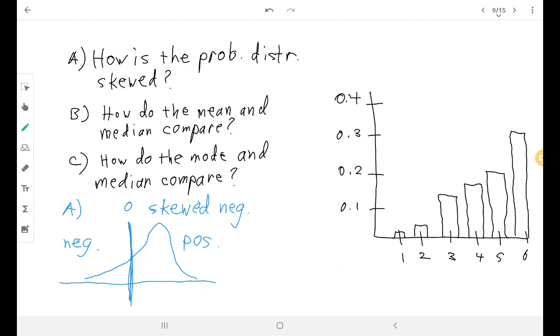And then the other thing is that the middle is the mean, and where the top of the hill is, the median. And so for this particular one, the mean is smaller than the median, right?